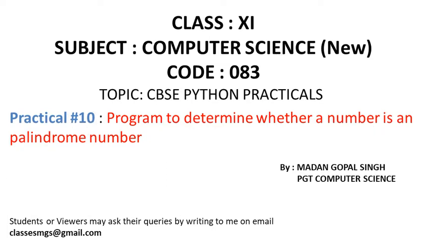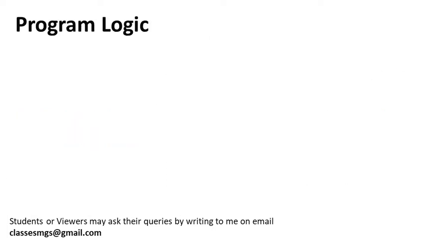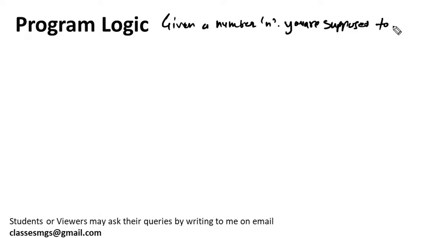So I am jumping into the problem directly. The problem is: given a number, you are supposed to check whether this number is a palindrome or not.